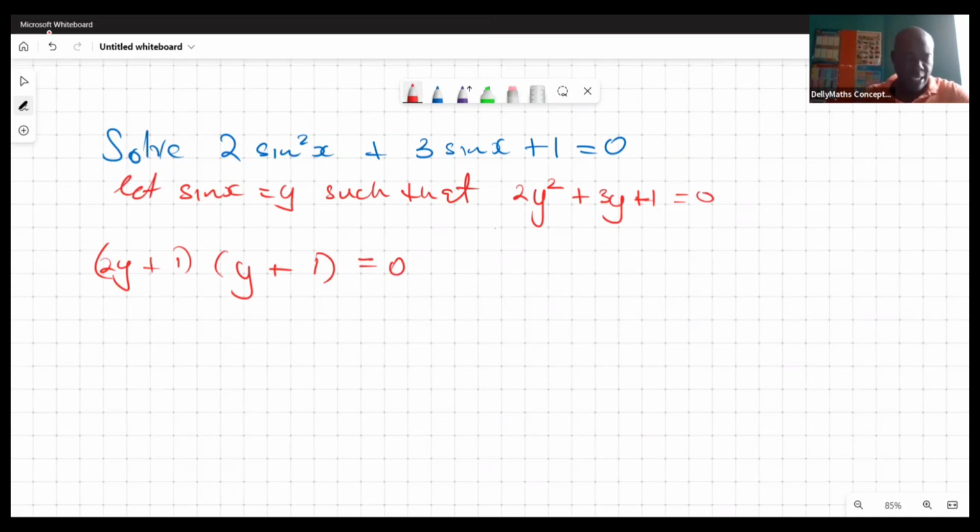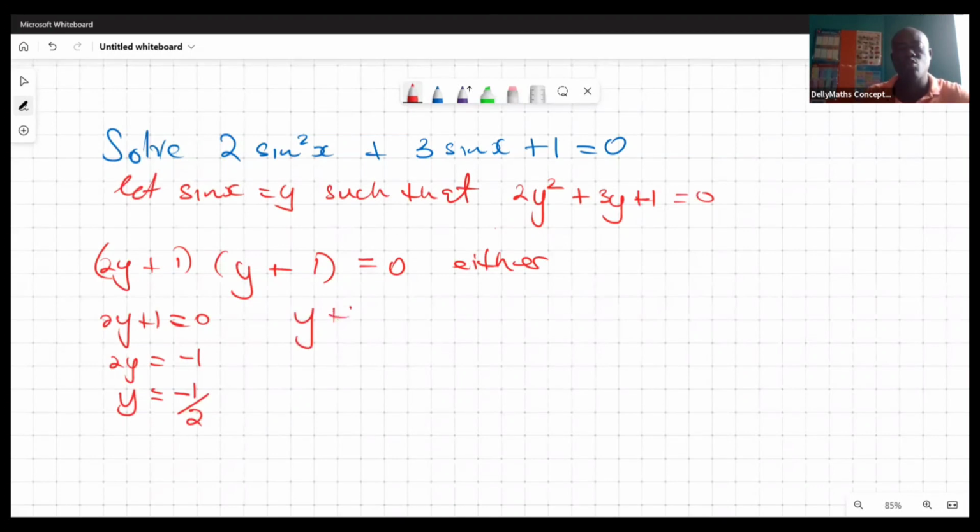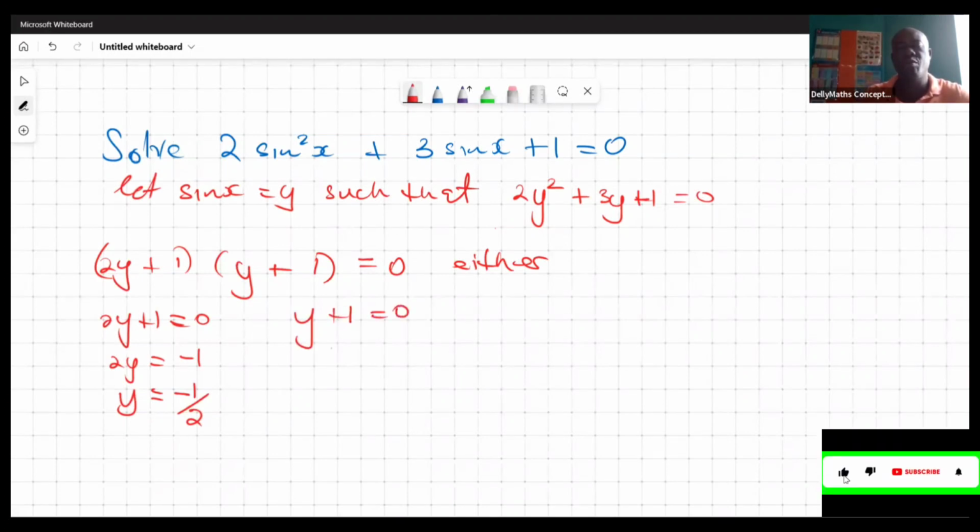So at this stage, what we want to do now is to say, all right, either 2y plus 1 is equal to 0, which means that 2y is equal to negative 1, so y is equal to negative a half. That's one case. Or y plus 1 is equal to 0, which means that y is equal to negative 1.